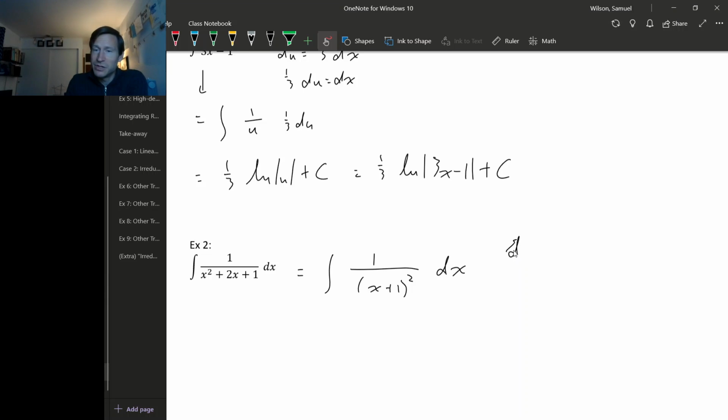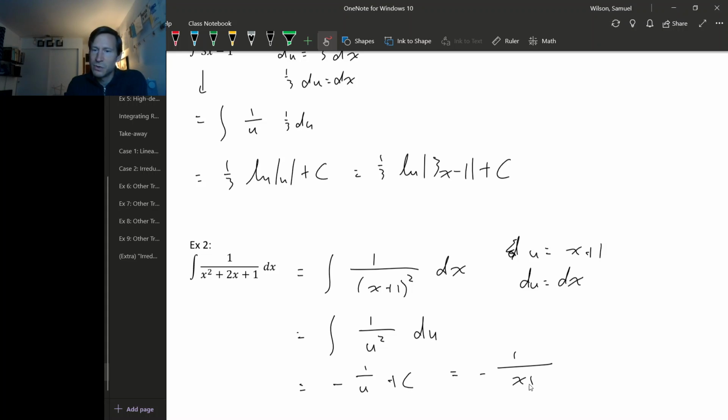So again, if we do a little u substitution, you might not need to write this one out, but if we take u to be x plus 1 and du is dx, then this becomes the integral of 1 over u squared du. And taking an antiderivative, we get minus 1 over u plus a constant, and then undo the u substitution: minus 1 over x plus 1 plus a constant.